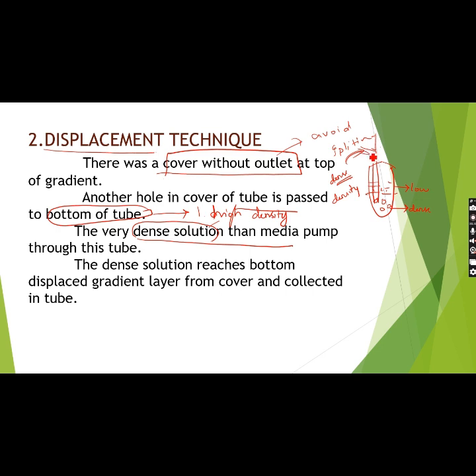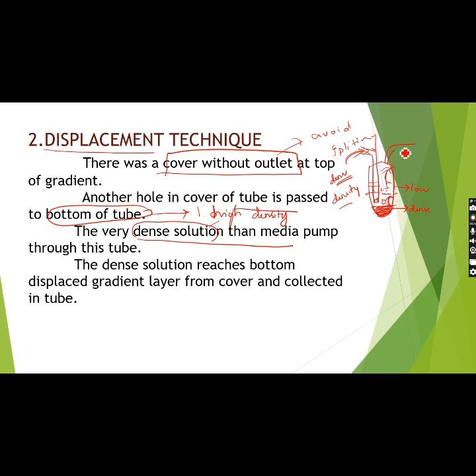So when we pass this dense solution into the tube, this denser solution will be occupying the test tube bottom, and the denser solution in the test tube will move to the top, and the less dense solution will move to another top. So the medium is going to be displaced off.